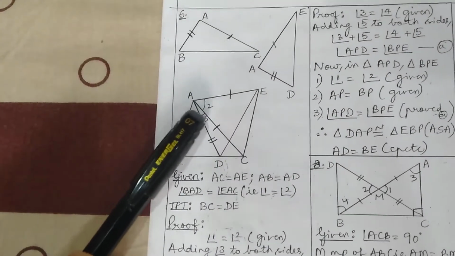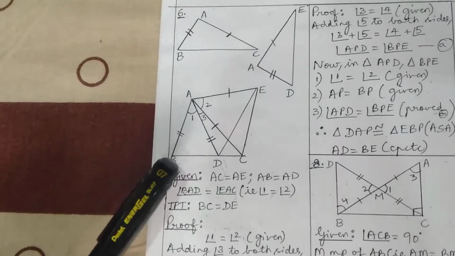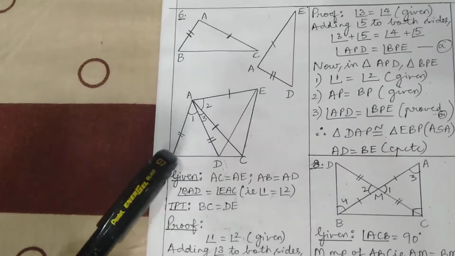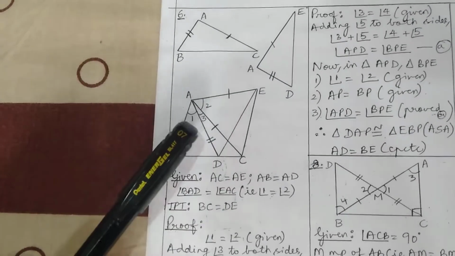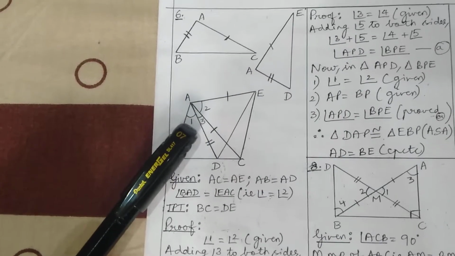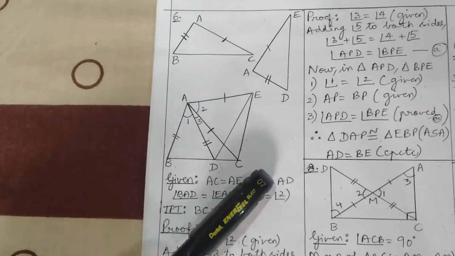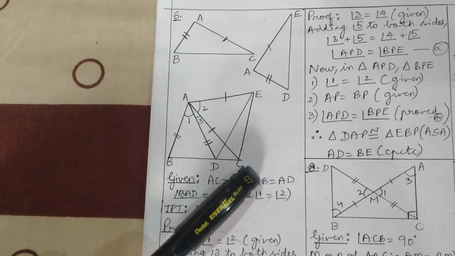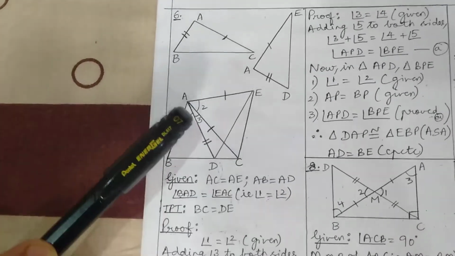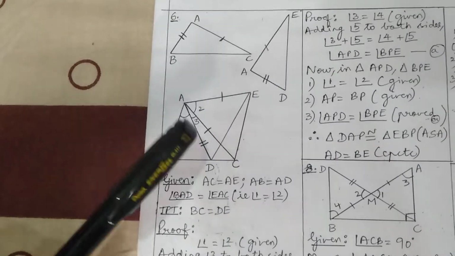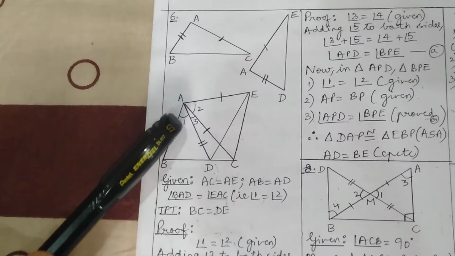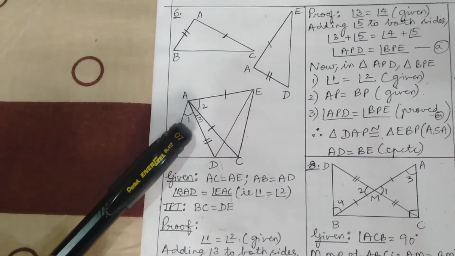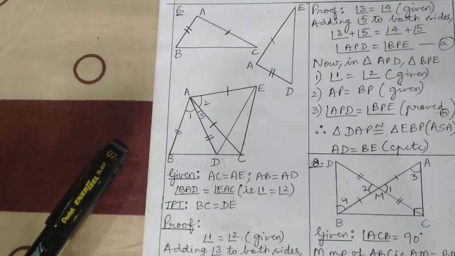Angle 1 is a complete angle in triangle BAD, but it is not a complete angle in triangle BAC. Triangle BAC has angle 1 plus 3 in it, correct? 1 and 3 together make a complete angle in triangle ABC.